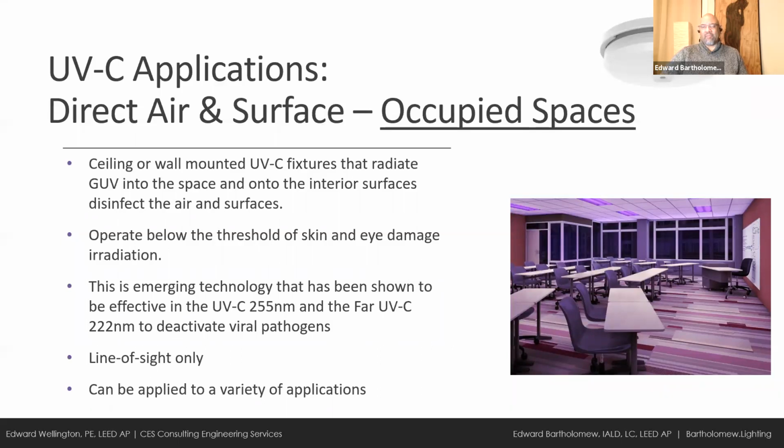Again, these are line of sight only. If there's a shadow, it will not hit those surfaces in the shadow zone. You're irradiating air, and we know that COVID-19 exists in air droplets for quite some time. That's the benefit, but you're also irradiating surfaces as well.